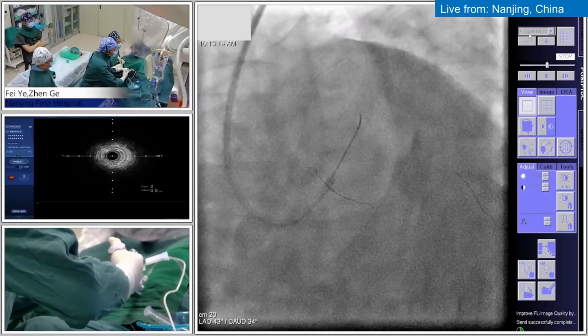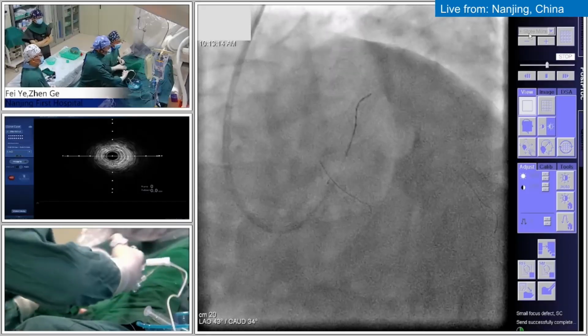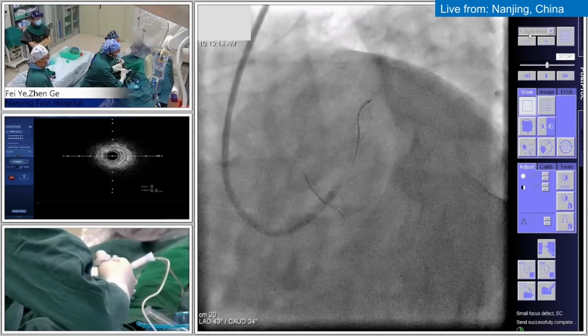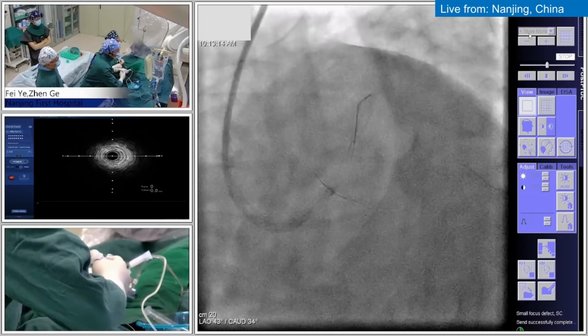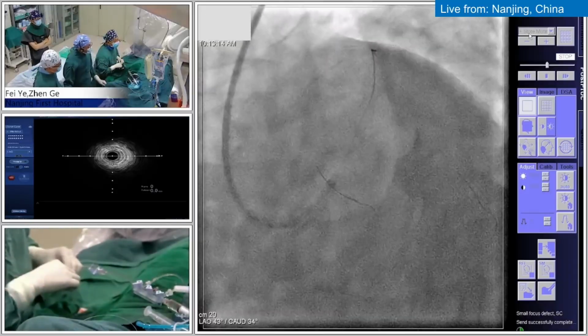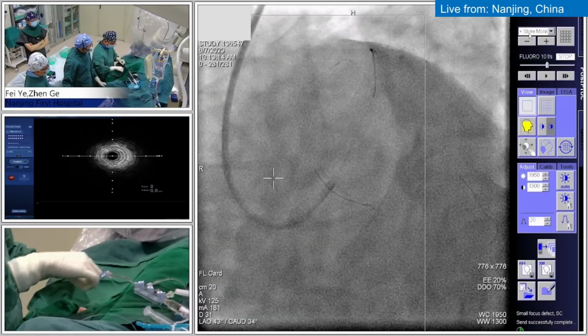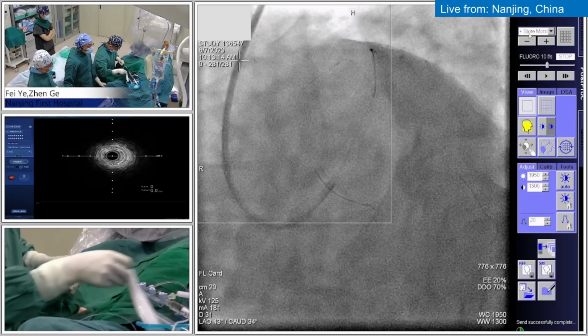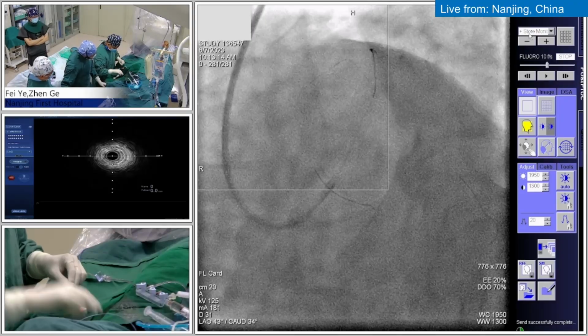Which kind of wire is this? This is Cyan Blue. The second wire is ABT, a domestic wire, in the ramus. So we can see Dr. Ge used 3 wires to go into the distal LAD, distal circumflex, and the ramus.